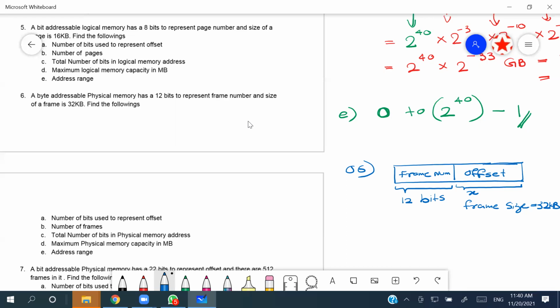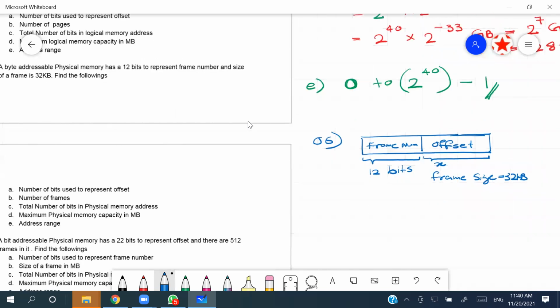The first question they are asking is the number of bits used to represent the offset. So what is the equation that we can use? We can use the frame size equation. Frame size is equal to 2 to the power offset bits. The frame size is 32 kilobytes, and it is a byte addressable memory, so we have to convert these 32 kilobytes into bytes.